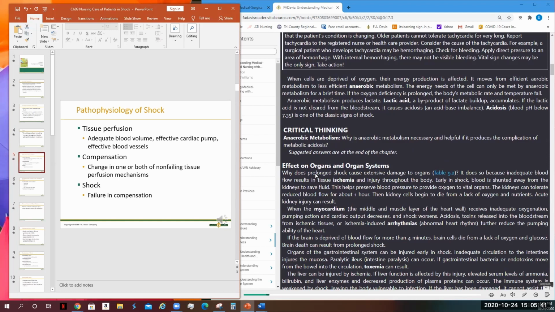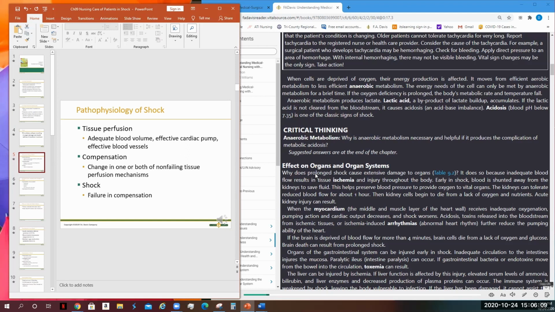It moves from efficient aerobic metabolism to a less efficient anaerobic metabolism. The energy needs of the cell can only be met by anaerobic metabolism for a brief time. If the oxygen deficiency is prolonged, the body's metabolic rate and temperature fall. Anaerobic metabolism produces lactate.